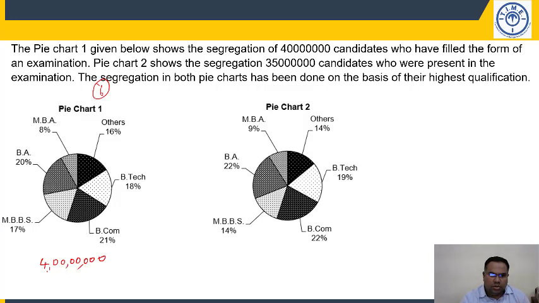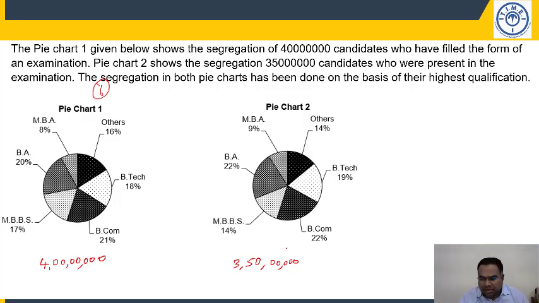Four crores. Here, how many are actually present for the exam? 3 crore 50 lakhs. Without even using pen and paper, we can answer this question logically if you observe the pie charts.